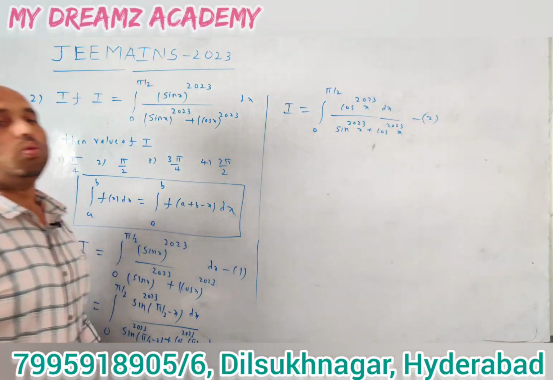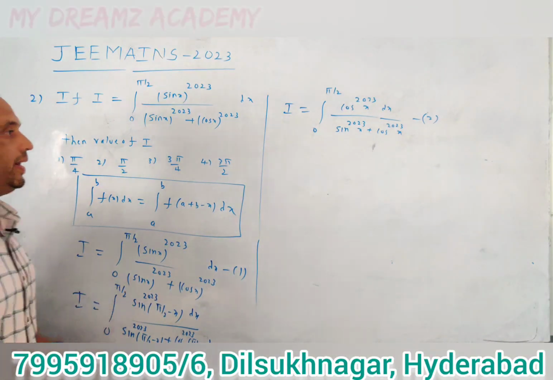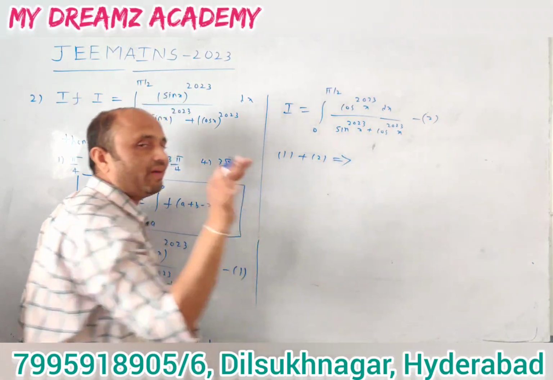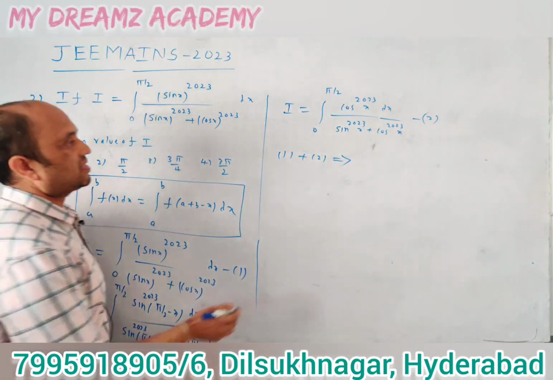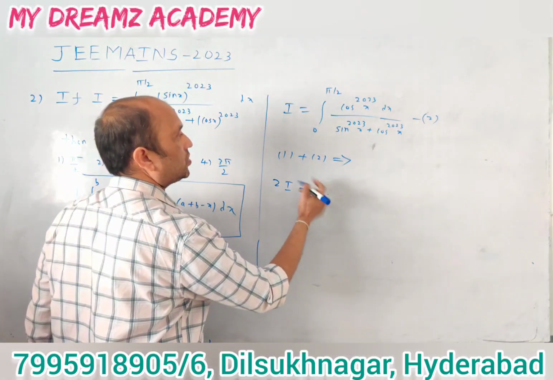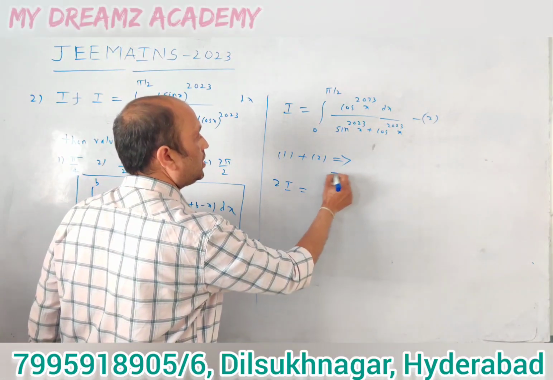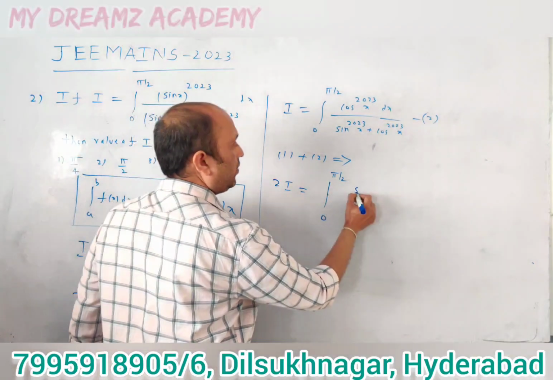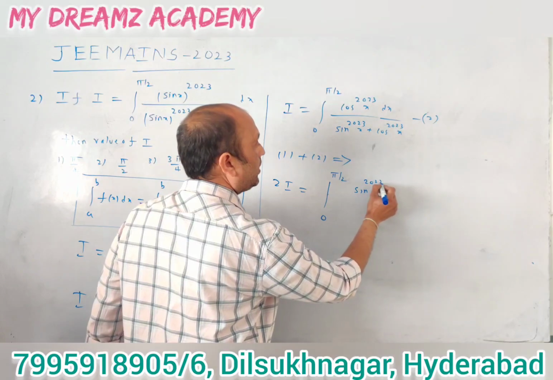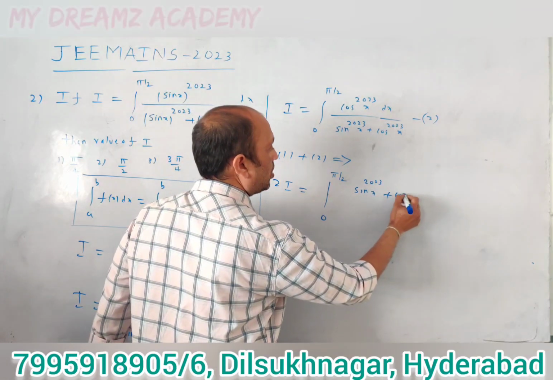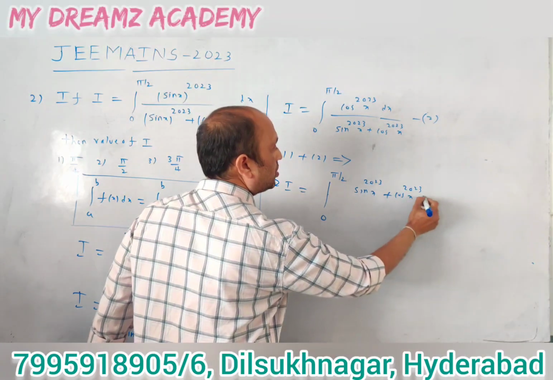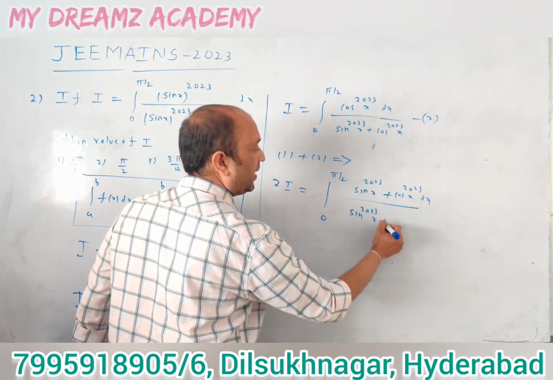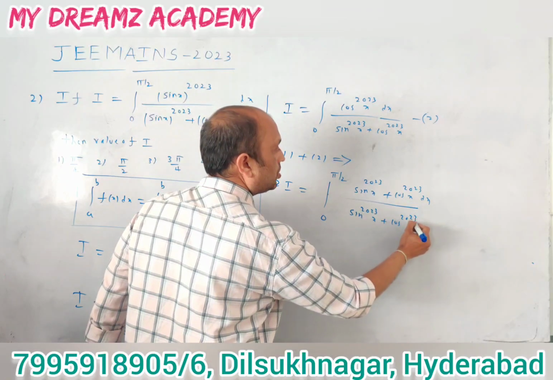So here we want to add 1 and 2, then we'll get the I value. I plus I, that is 2I, is equal to integration from 0 to pi by 2 of sine to the power 2023 x plus cos to the power of 2023 x dx by the same thing, sine to the power 2023 x plus cos to the power of 2023 x.